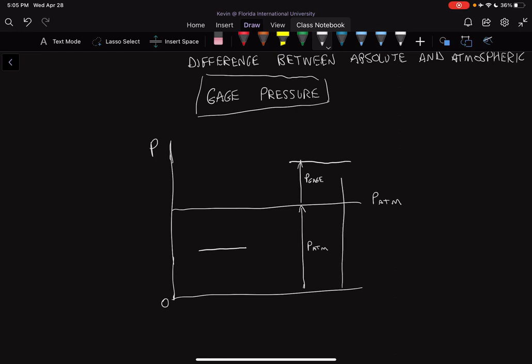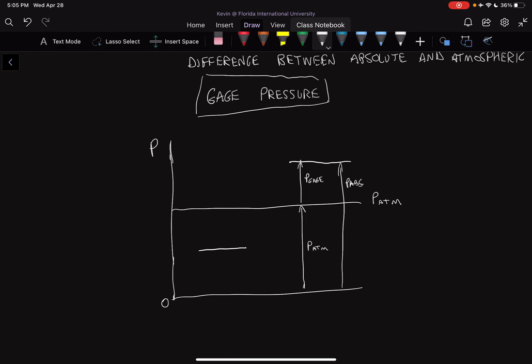And this whole line here, the whole way up, would be pressure absolute. In thermodynamics, again, we're interested in the absolute pressure. But sometimes we're going to be given the gauge pressure and we have to convert it to absolute pressure and vice versa.